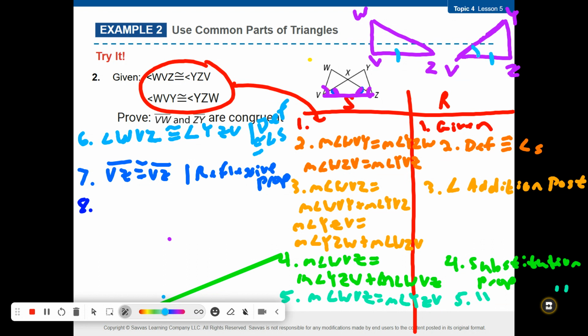We know this is congruent to that. And we know this entire part is congruent to this entire part. Do you guys see how splitting them up can kind of help? I know it's kind of a drag. Do you see that a little bit better now?